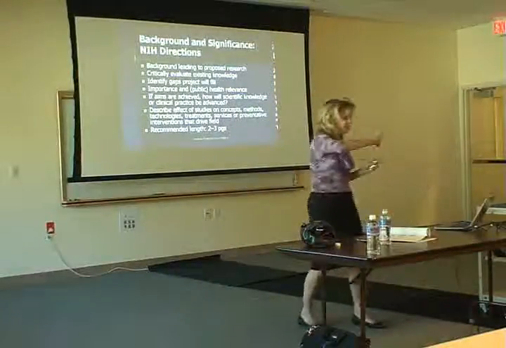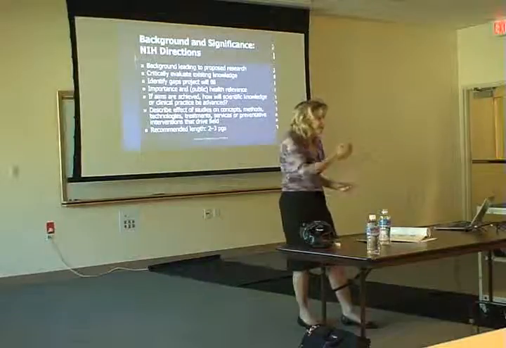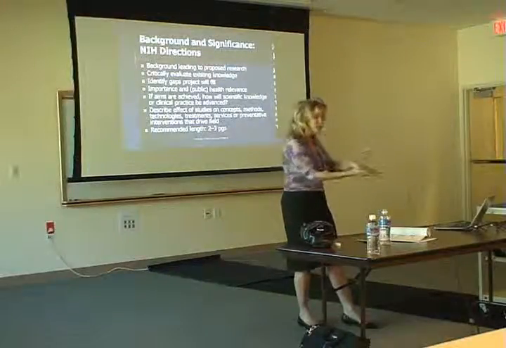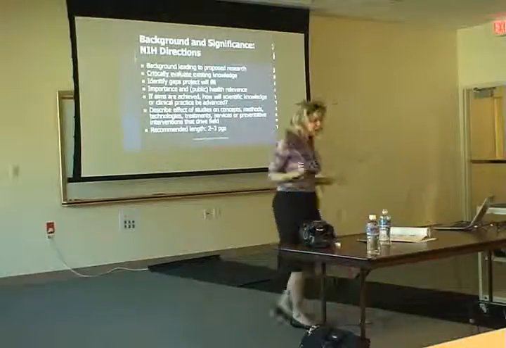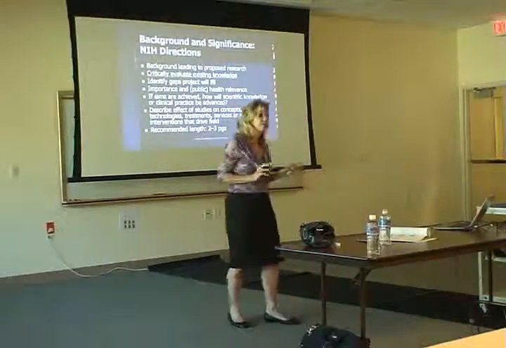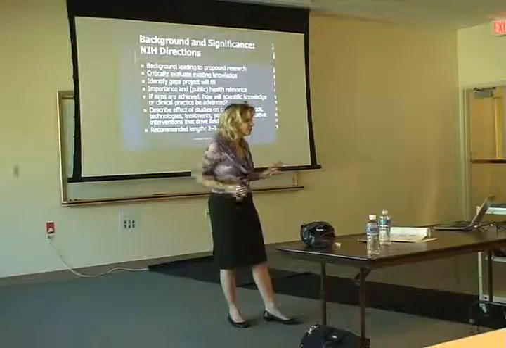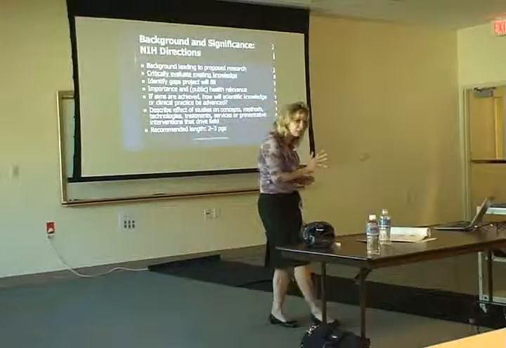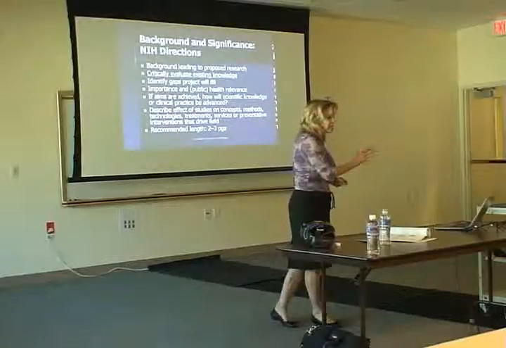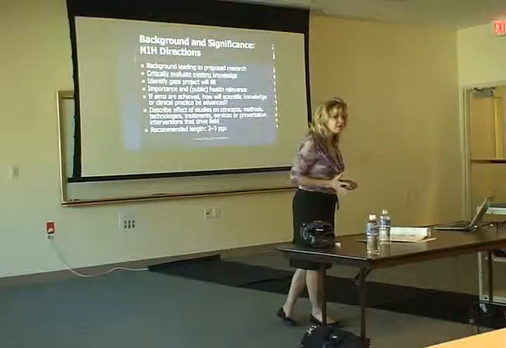So, we said that these are the NIH directions, and the directions start with background leading up to your proposed research, and then a bulleted point that we're going to go back to in a moment because it creates a lot of confusion. The bulleted point says critically evaluate existing knowledge, so we're going to return to that. It says identify the gaps your project will fill.